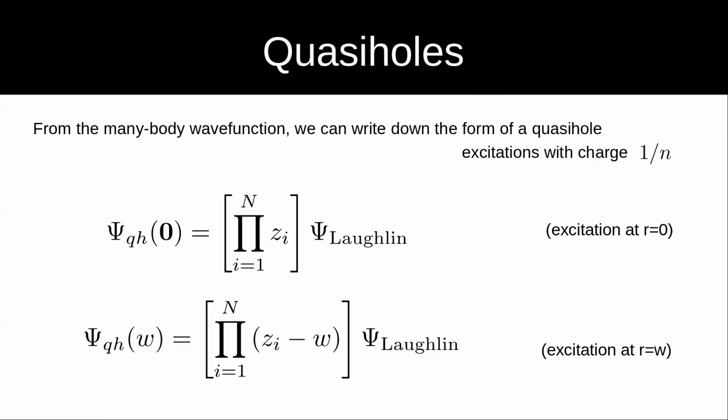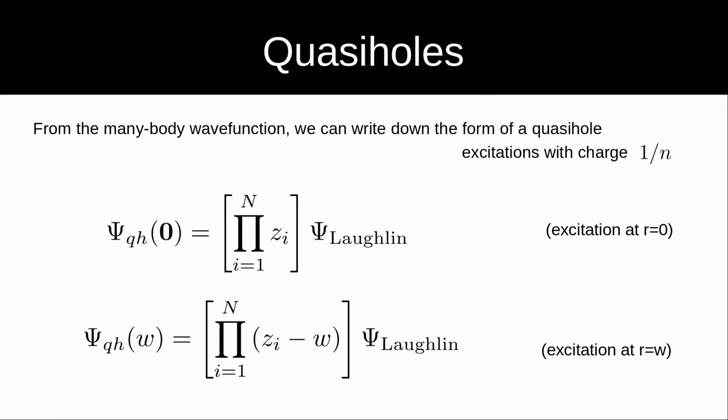And the point is that one can write down the excitations in a relatively simple way by using these complex coordinates that we introduced before. So, for example, if you think about having a quasi-hole at the origin, the only thing that you have to do is to multiply by a complex coordinate z.